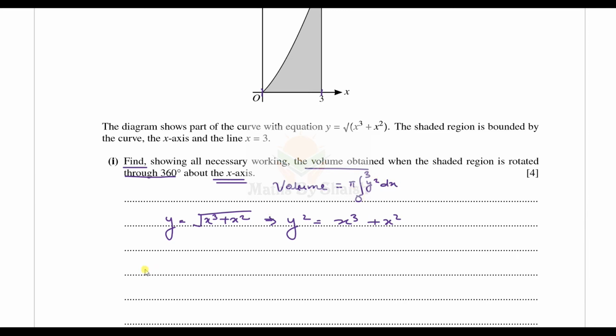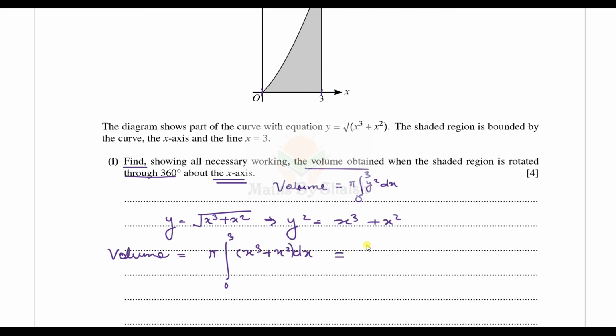Putting it in, we get volume is equal to pi times the integral from 0 to 3 of x cubed plus x squared dx.